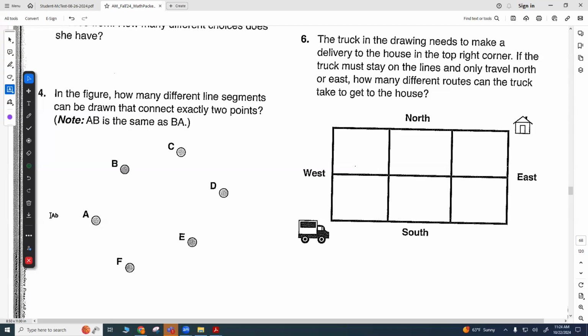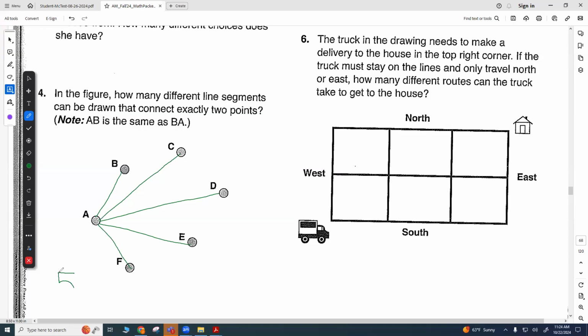So for this one, because you can only do so many routes, what you have to notice, and I'm sorry I didn't get the whole figure in here, is basically, if I take A and I connect it to the other 5 points, so I have 1, 2, 3, 4, 5.